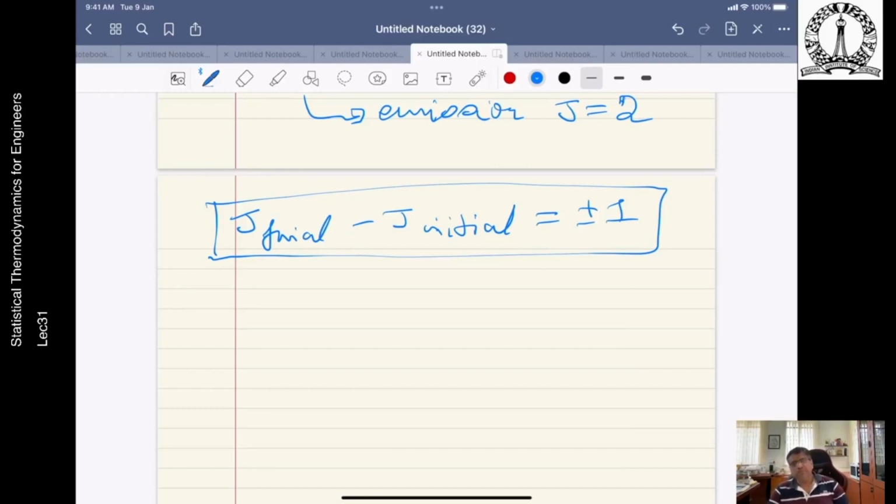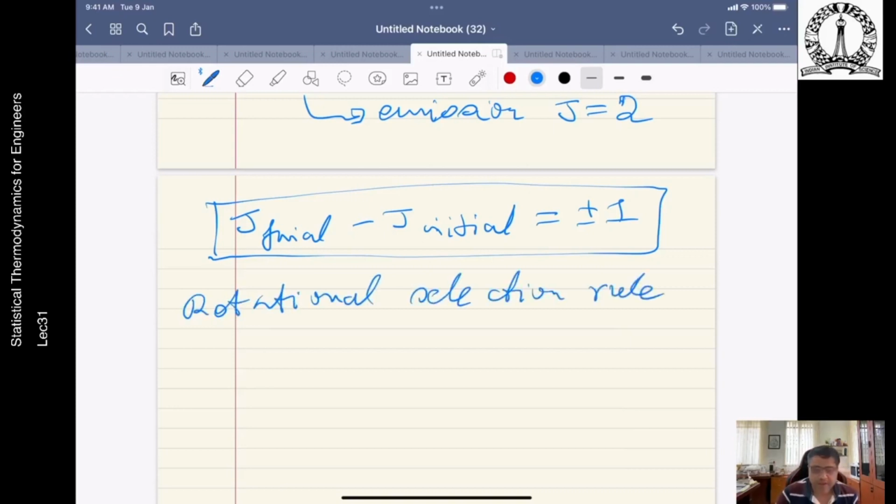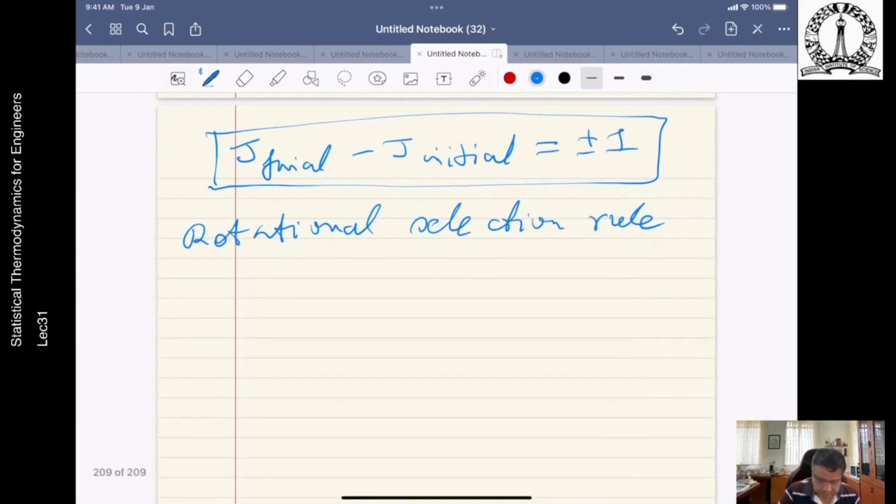So the potential complexity is kind of reduced. So a convenient method of writing the rotational selection rule can be written as J prime minus J double prime is equal to 1.